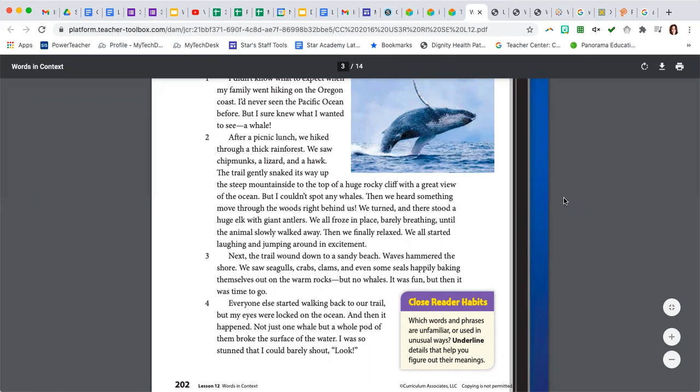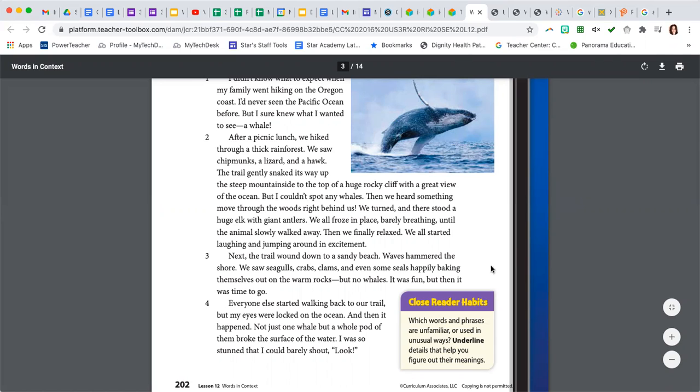This is a realistic fiction passage about a character who tells about his experiences hiking on the Oregon coast. You're going to read to understand, and then you'll need to read again to find context clues to help you figure out what the non-literal meanings of specific words and phrases are in the text.